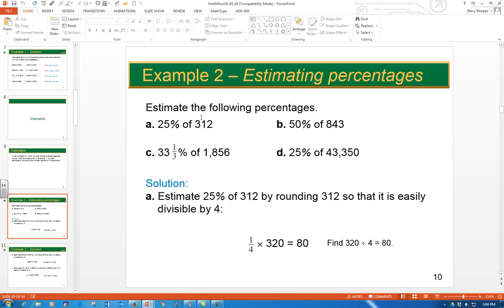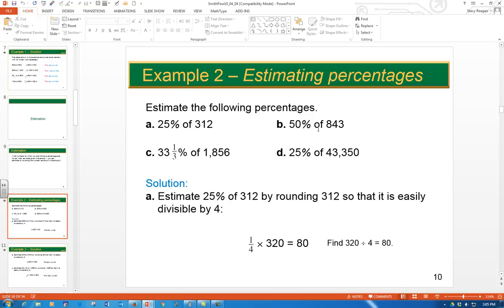So if I estimated this, I could say, well, 312 is pretty close to 320, so I could divide 4 into 320, and that would go 80 times. So 25% of 312 is something that's close to 80. So we're just trying to get something that's close to it. We're not trying to get exact answers. We're just trying to estimate a little bit.